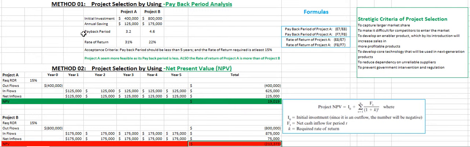Now, talking about organizations, we cannot make project selection on a financial basis only. Sometimes we need to analyze strategic criteria for project selection also. Sometimes you want to hold a large market share.